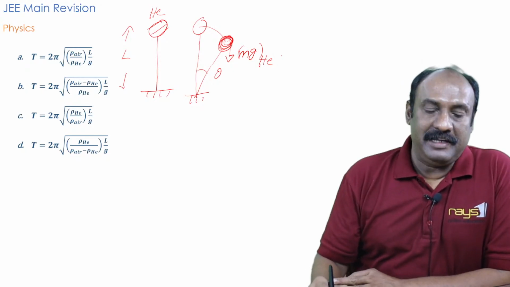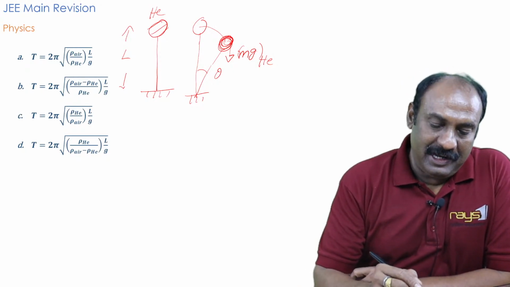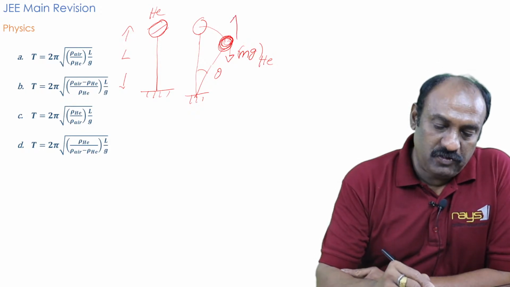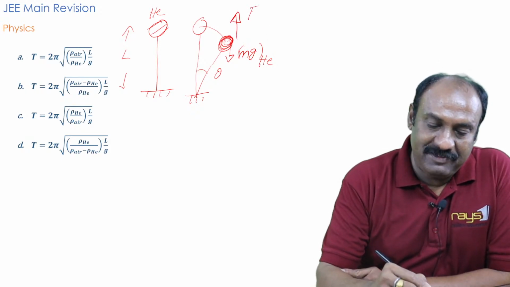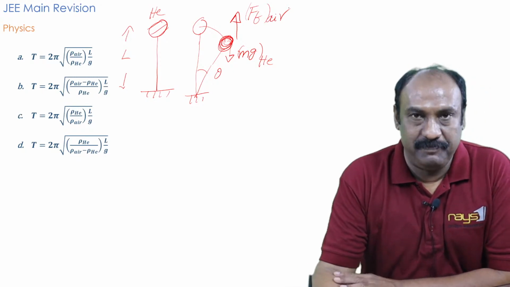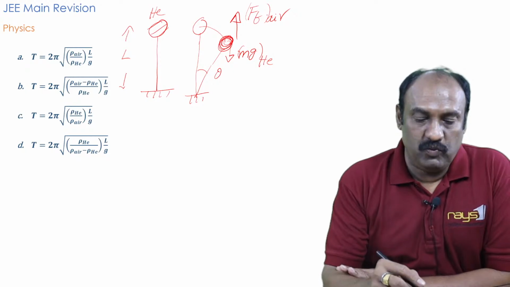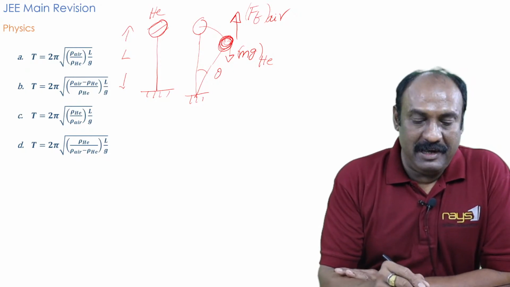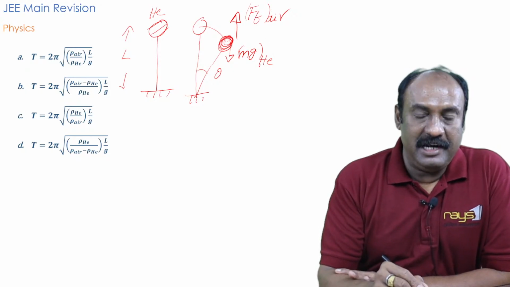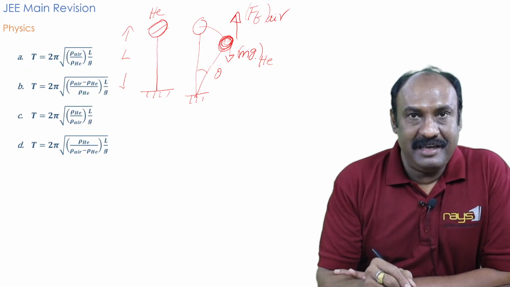At the same time, the buoyant force by the air layers acts vertically upward. So the net force on this one is Fb minus mg.